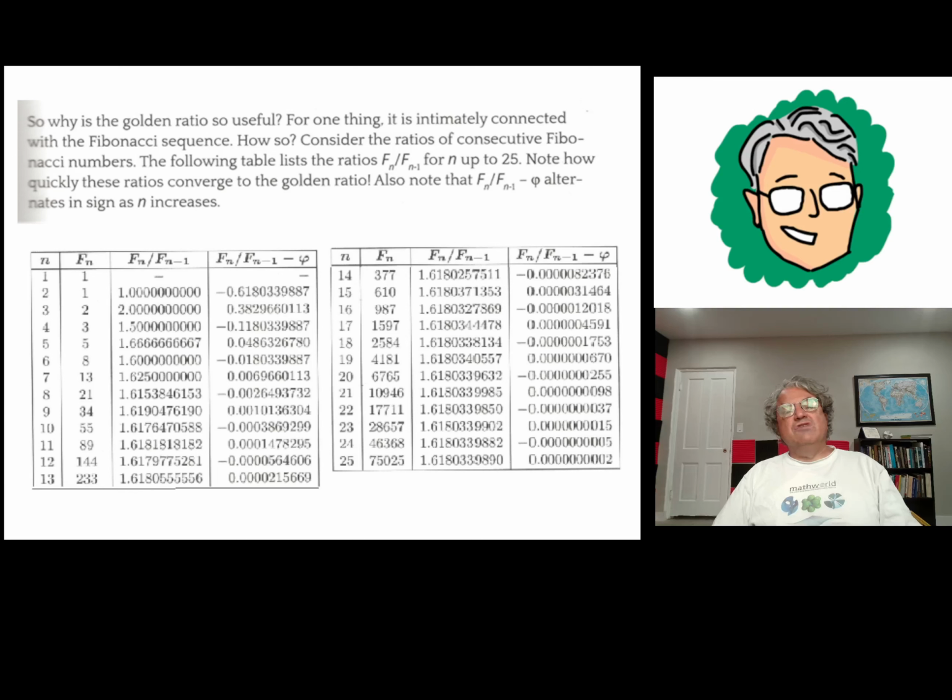And you can see by the time we get up to F25 over F24, this difference is already just two parts in 10 billion, I believe. So this is the 10th decimal place, the 10 billionths. So it's already better than 1 part in a billion, a precise estimate of the golden ratio.